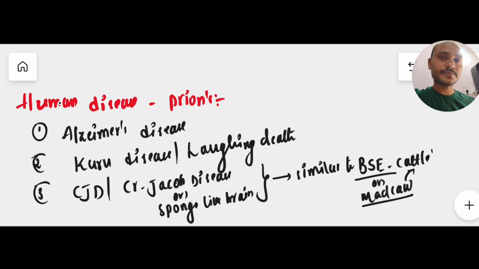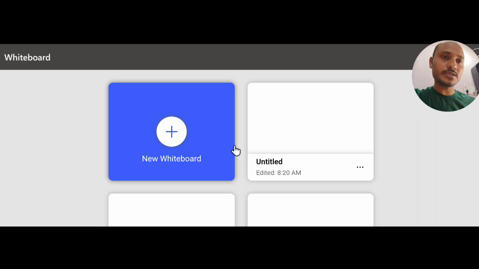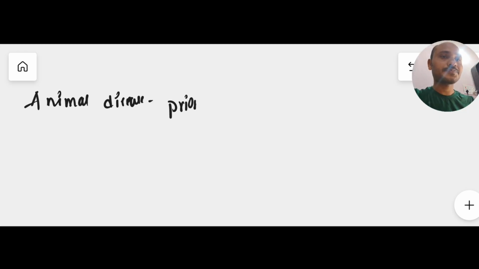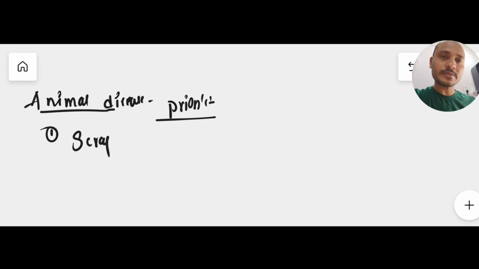Now we will move on to animal diseases caused by prions. There are two important diseases as per NCERT. One is scrapie disease of sheep.